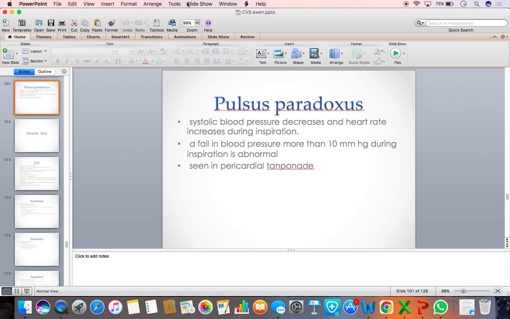Okay, when the venous return and the filling of the ventricles is interfered, it reduces the ejection fraction, thereby resulting in fall in blood pressure. So ejection volume is reduced, thereby causing a drop in systolic blood pressure during deep inspiration. This is diagnostic of pericardial tamponade.